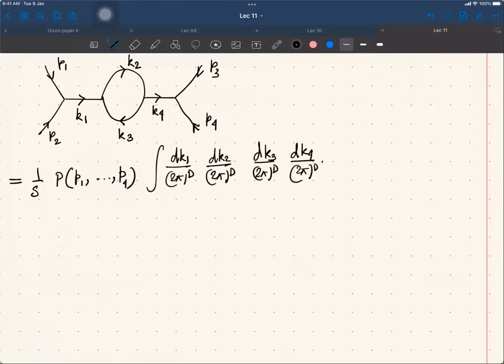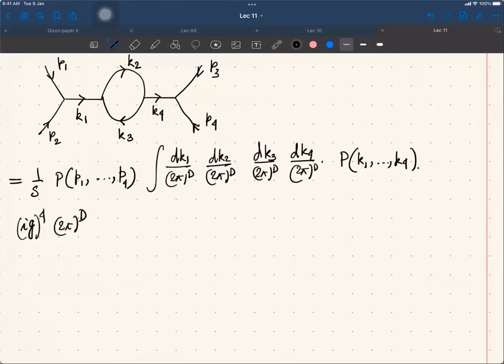And then just like we have an integral, we have a propagator as well, so there will be a P factor involving internal momenta. And now I have to put the vertex factors ig. Since there are 4 vertices, there will be ig to the power 4. And now momentum conserving delta functions.